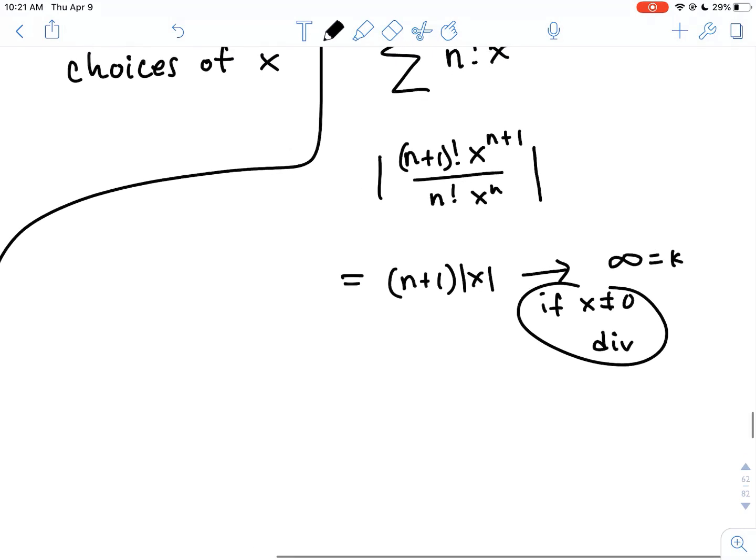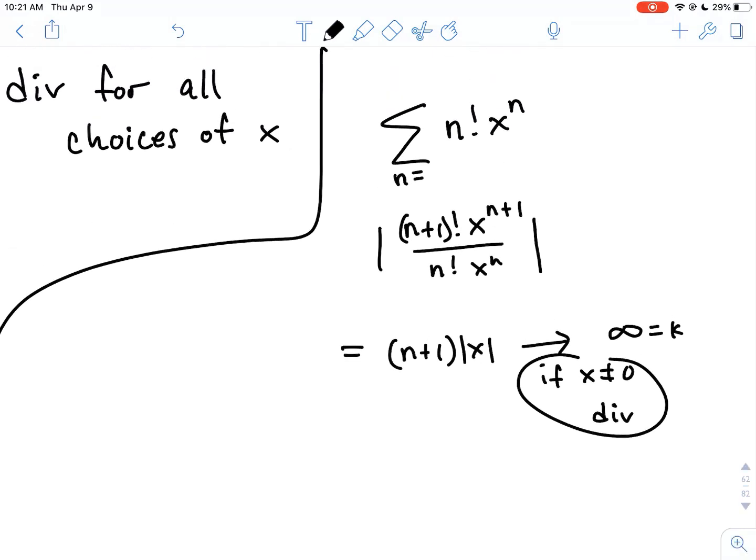But what happens if x is 0? Let's go ahead and actually get a starting value. If n is 1, and we plug in a 1 for all the n's, we get just a clean x to start, and then the next term will be 2x squared, then 3 factorial, which is 6x cubed, etc. What we've just established is that if x is not 0, this will be a divergent series. But what if x is 0?